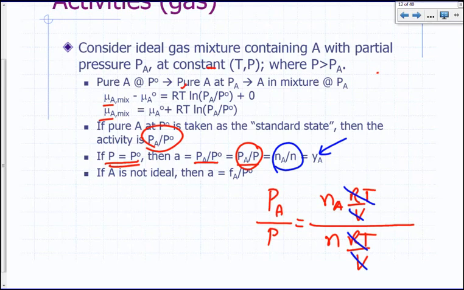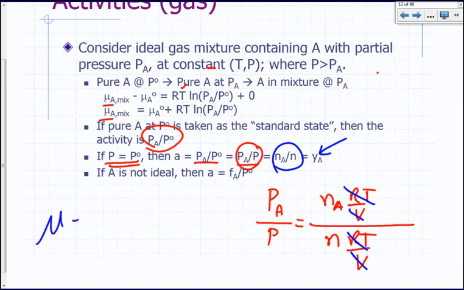For gases, it's often convenient to use the letter Y for mole fraction, because later, when we deal with liquid and vapor in equilibrium, we are going to use the letter X for mole fractions in the liquid and Y for mole fractions in the gas. So the activity of an ideal gas component in a mixture at standard pressure will be whatever its mole fraction is.